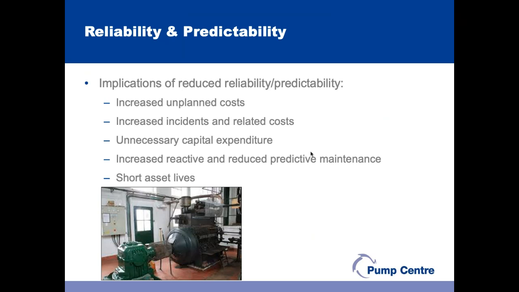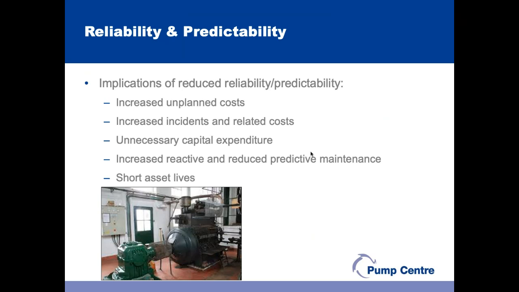Incidents on the dirty water side can be pollutions, for example, which cost money to rectify, and also have an impact on the way in which people perceive the companies responsible for them.